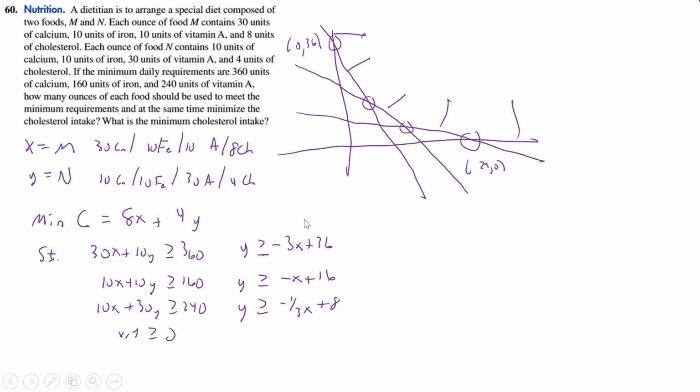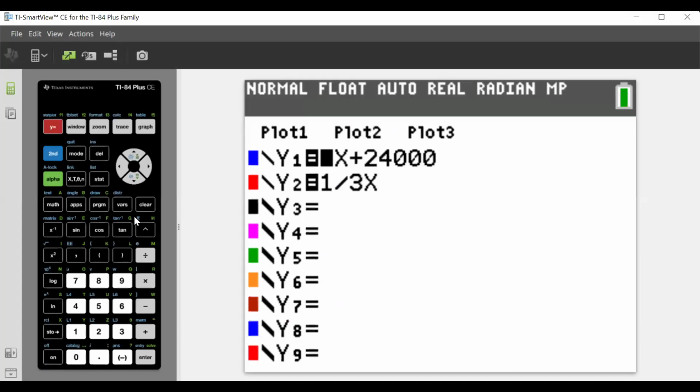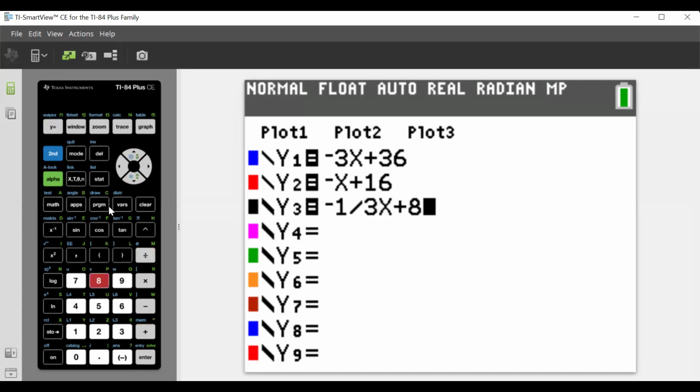So coming back over here, plug those in, clear that, clear that. We had minus 3x plus 36, minus x plus 16, and minus 1/3 x plus 8.